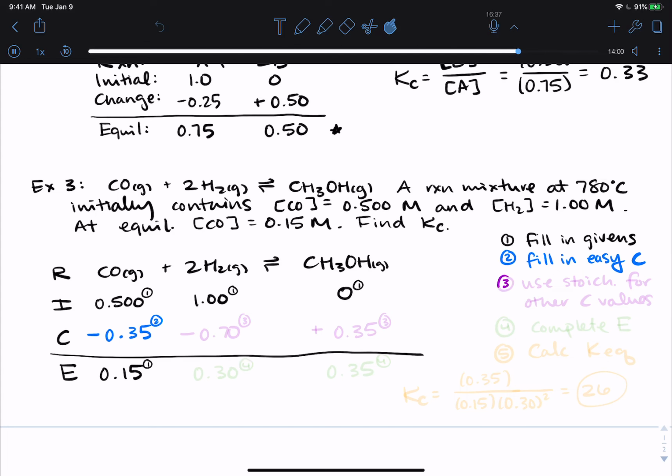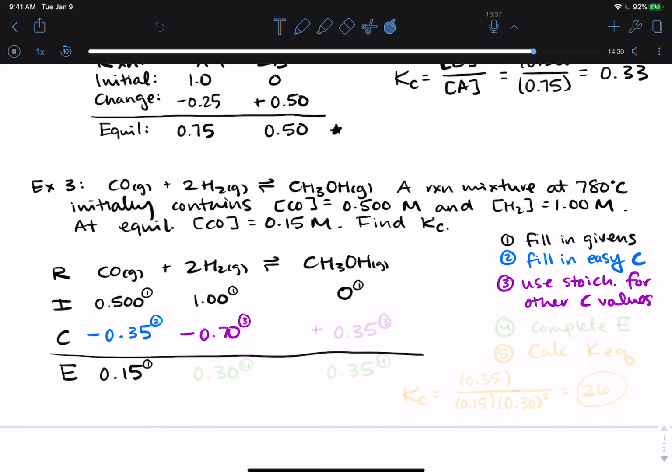So step 3 will be use stoichiometry for other C values. So it's 1 mole of CO for every 2 moles of H2. So if I use 0.35 of CO, I have to use 0.70 of my H2.